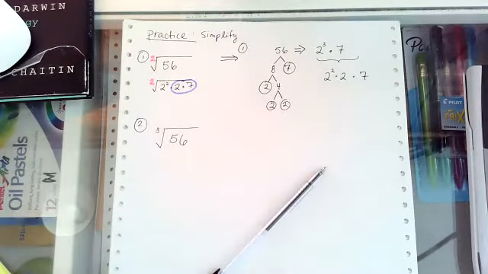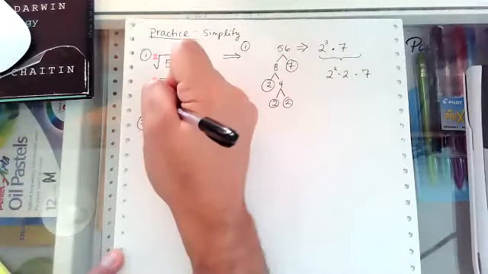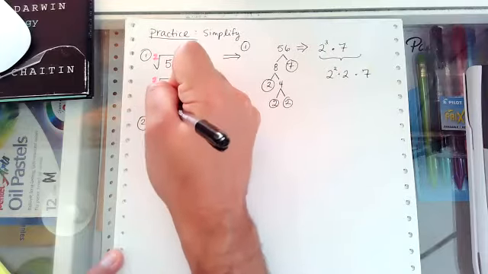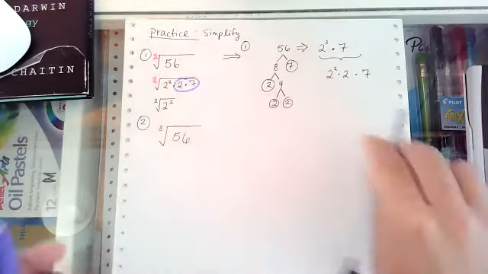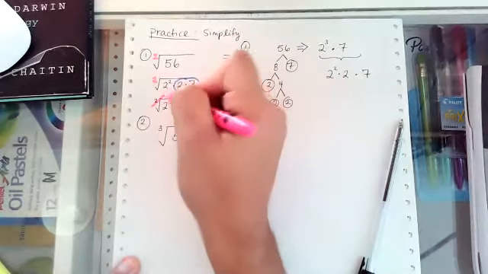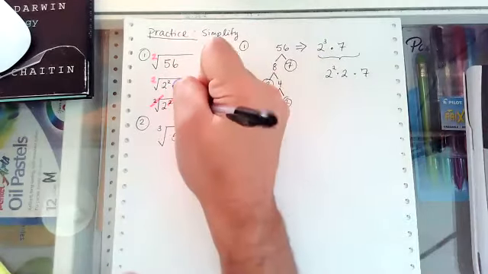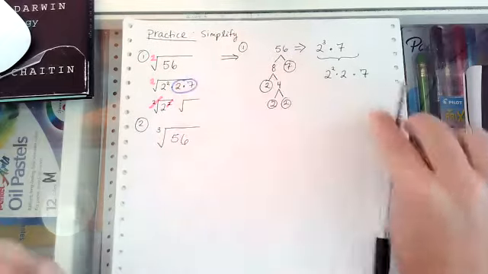They don't have an exponent of 2. So they're going to have to stay locked in the radical symbol. So you could think of it like the square root of 2 squared, where now the radical symbol and the exponent cancel out. But we'll leave this as the square root of 14 right here.